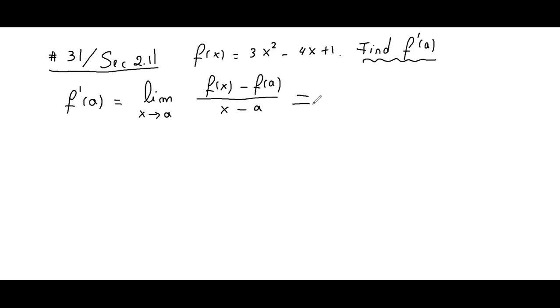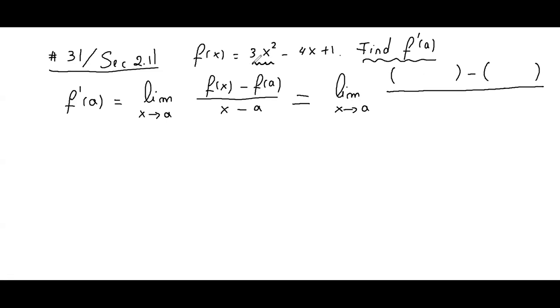So this is equal to the limit as x approaches a of, and right now we're going to do our calculation. We're going to put here f of x, and over here we're going to put f of a. So f of x in this quantity will be just, I'm going to copy the formula that's given here, folks.